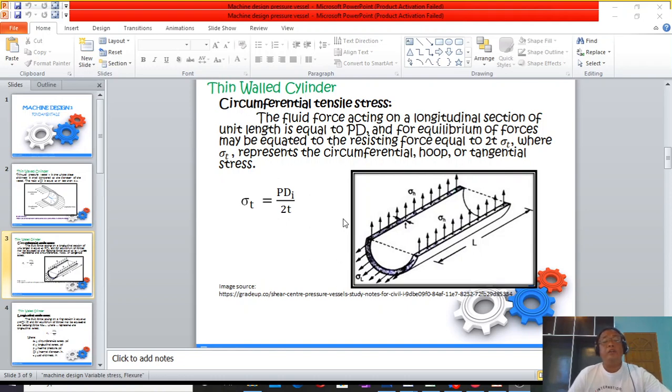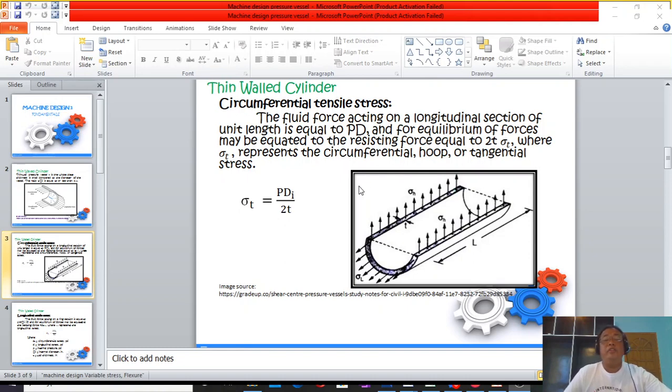Okay? So, by the way, class, let us first consider the definition of the circumferential stress, or the tangential stress. The fluid force acting on a longitudinal section, unit length, plus the force acting at the other end, and the equilibrium of forces may be equated to the resisting force equal to 2T.